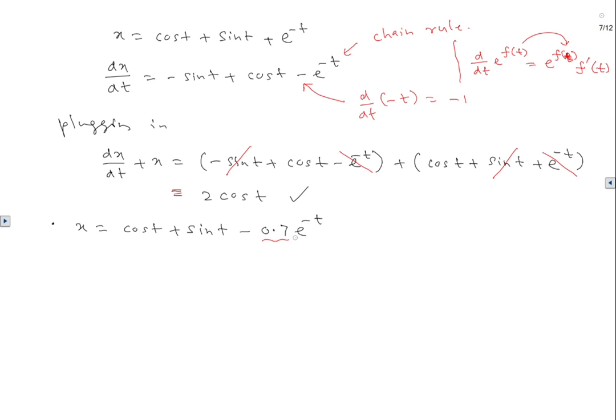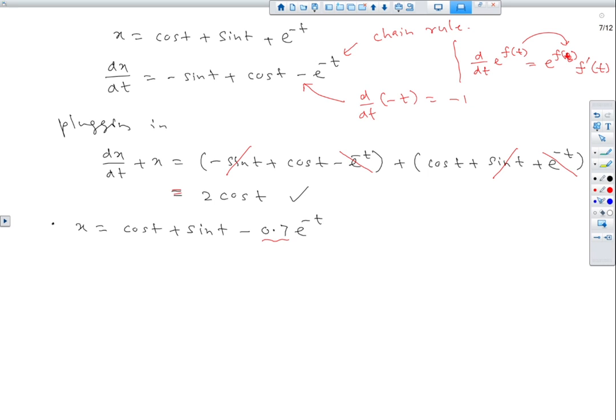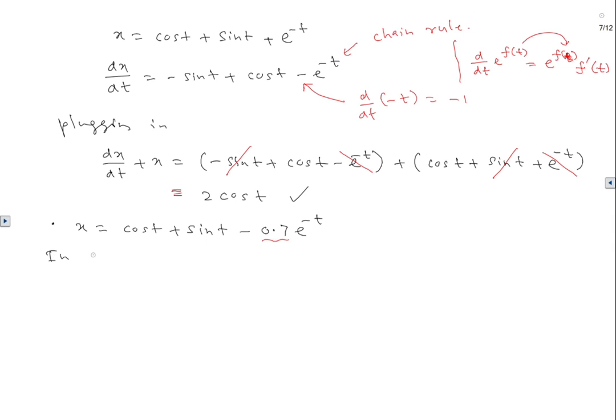So in general we can write it like that. In general, x equal cosine t plus sine t plus a constant c times e to the negative t is a solution for any c.